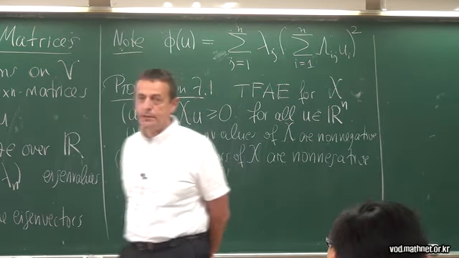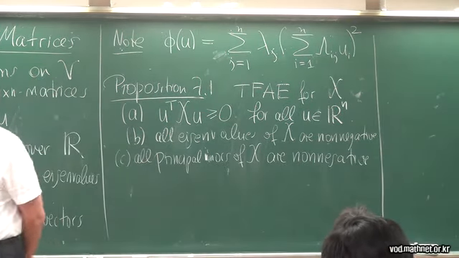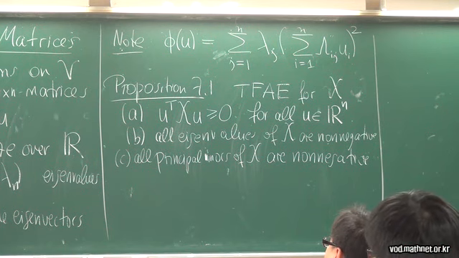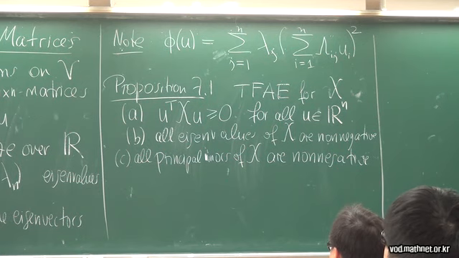By principal minor, I mean a subdeterminant. So the determinant of a submatrix that uses the same row indices and the same column indices. So there are 2 to the n subsets of 1 up to n. Pick any such subset, use that to pick the rows of a submatrix, use the same columns.